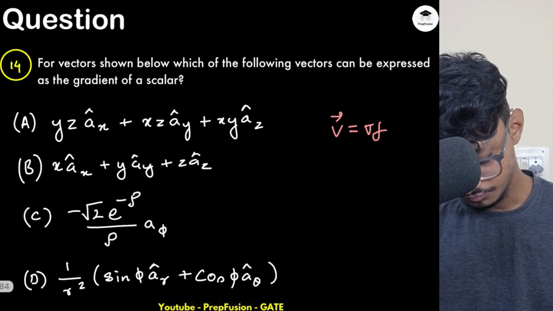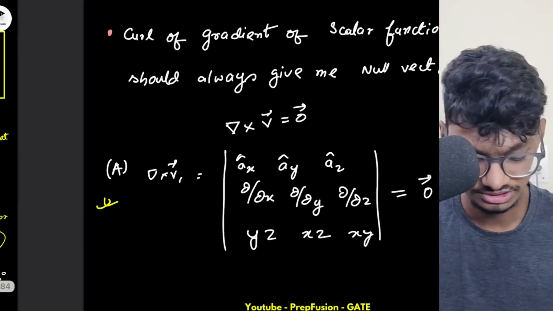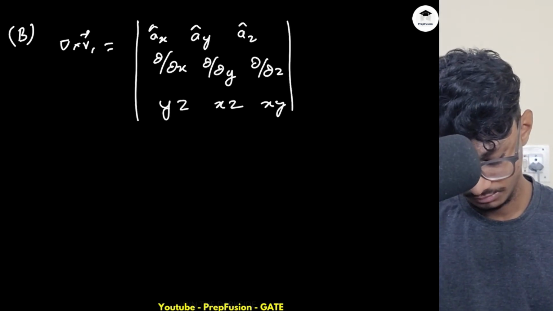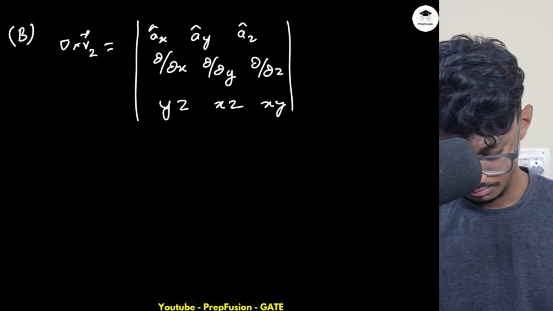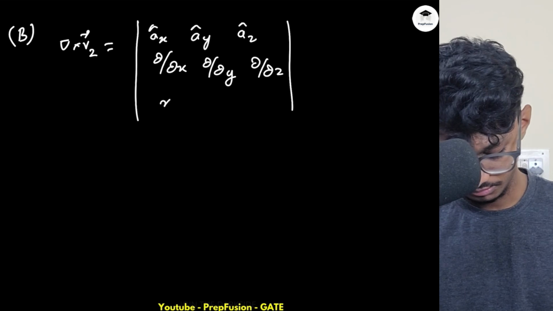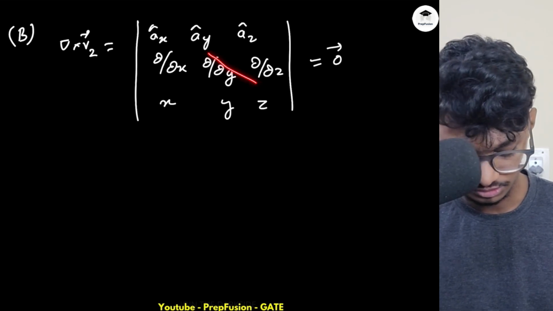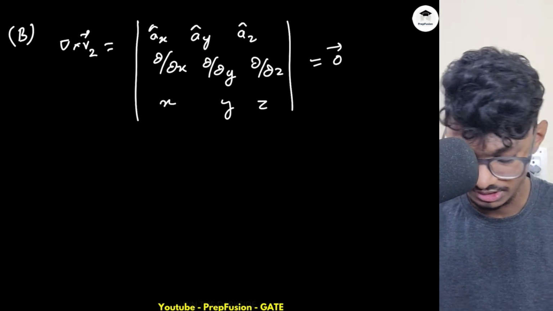What coordinate is it in? It is again in xyz only. So this again becomes simple. Sorry for that. With x, y, and z, this again becomes 0, because partially differentiating this is 0. Everything is 0, so this again becomes 0.